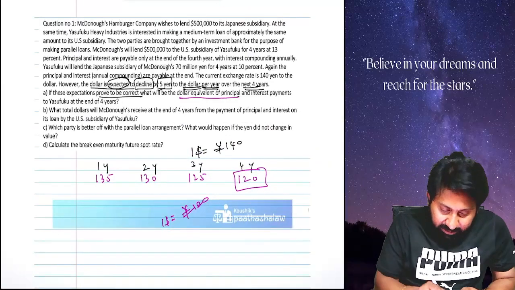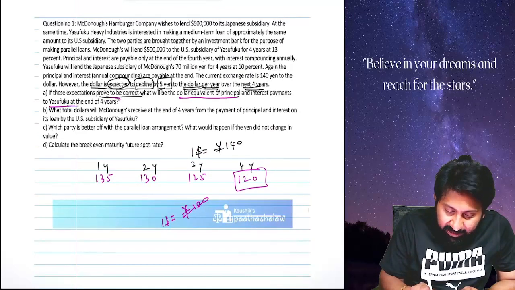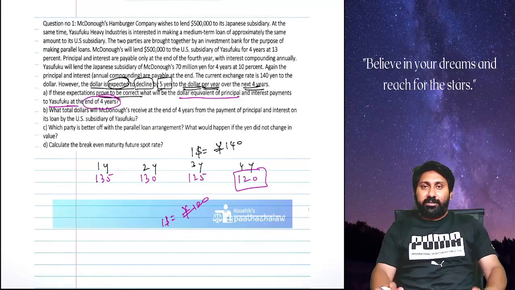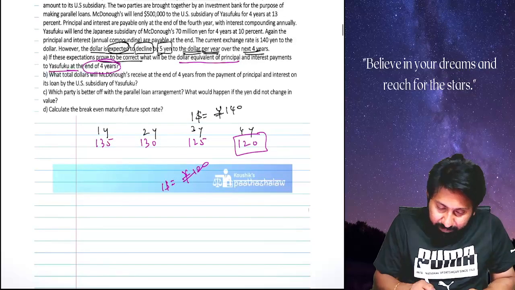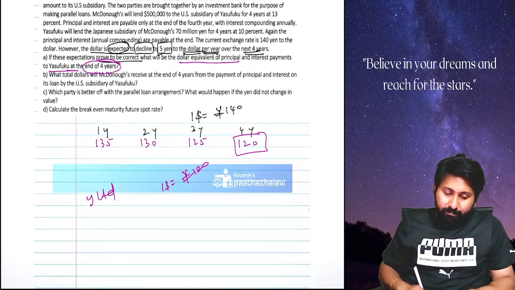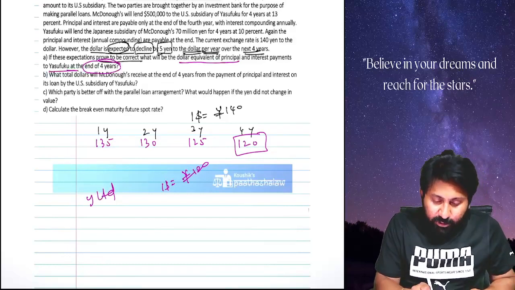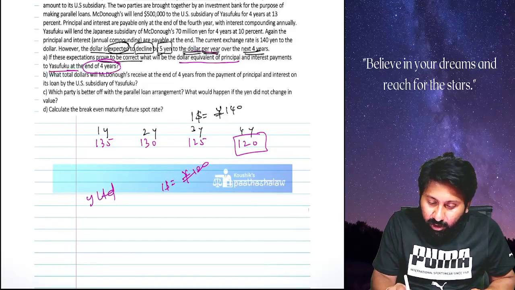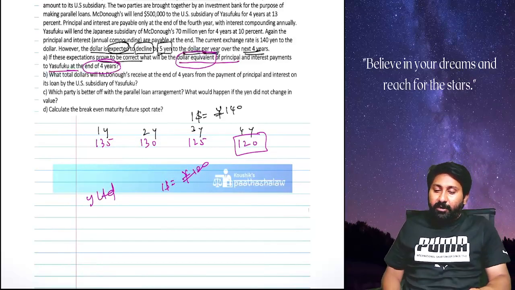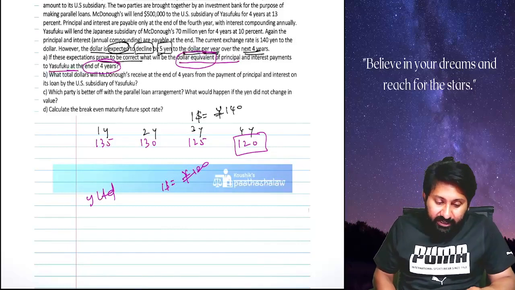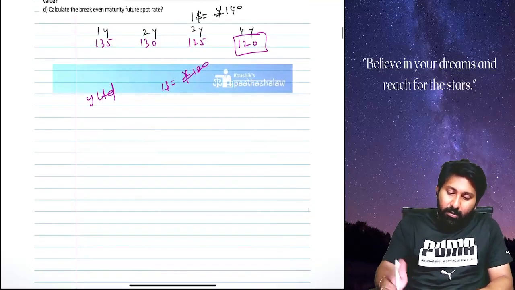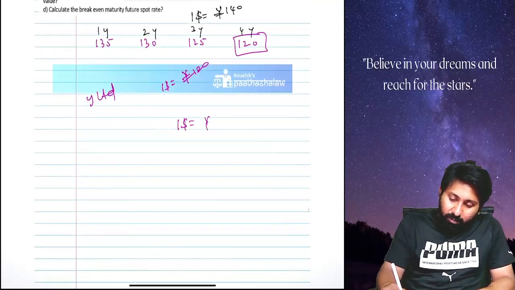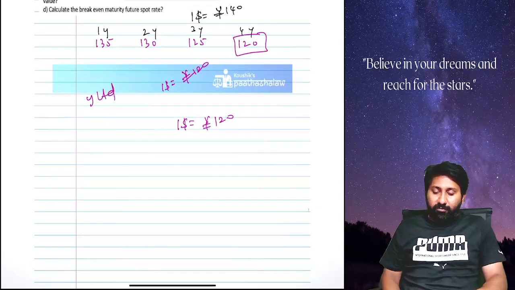Interest payments to Y Limited at the end of how many years? 4 years. So tell me, if these expectations prove to be correct, what will be the dollar equivalent of principal and interest payment to Y Limited at the end of 4 years? $1 equals yens how much? 120.